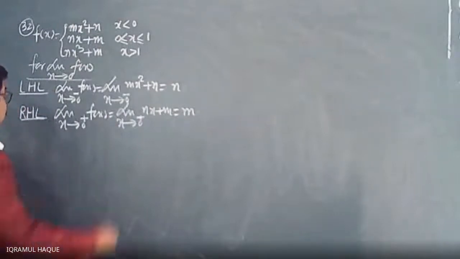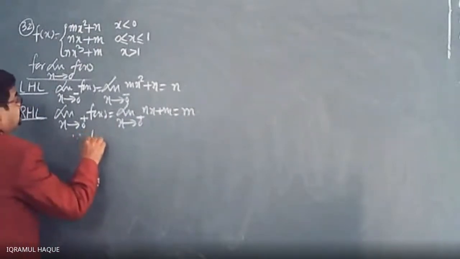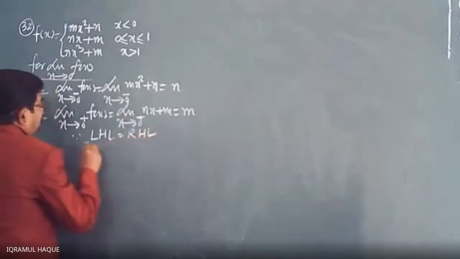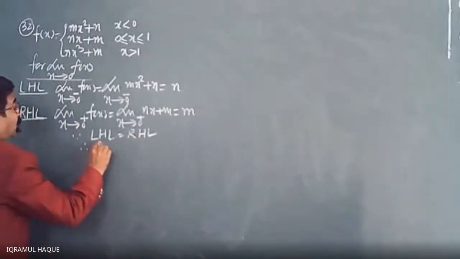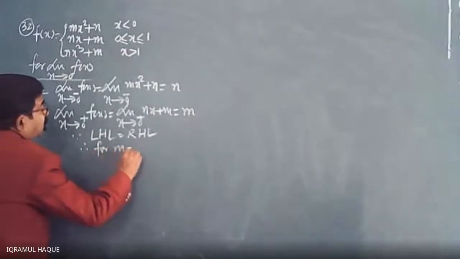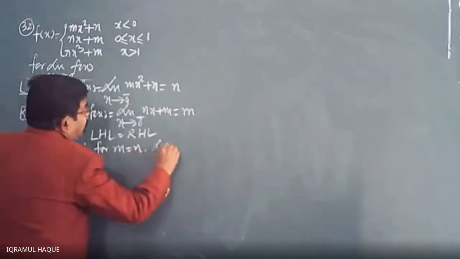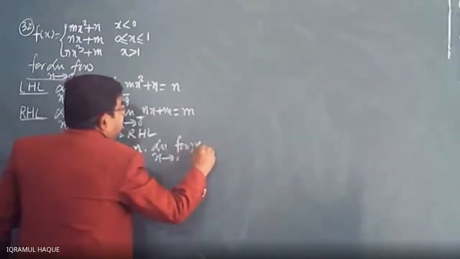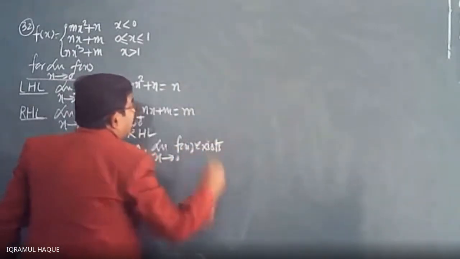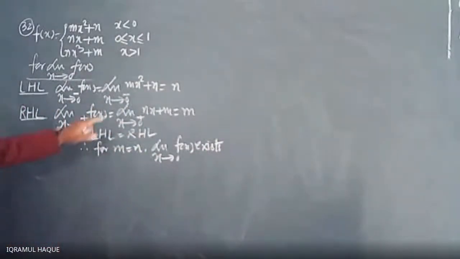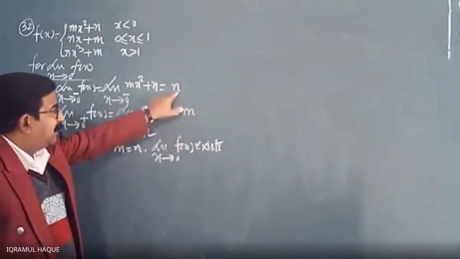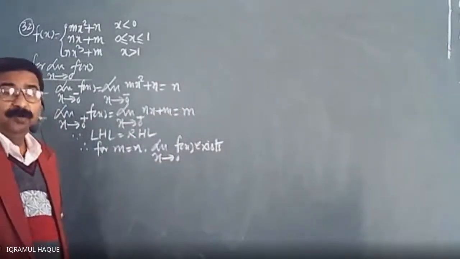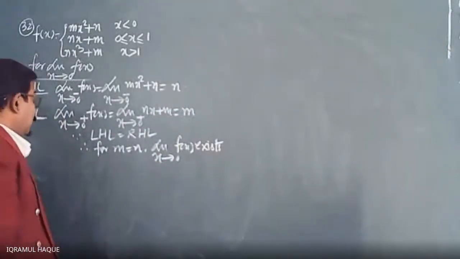So since this limit exists, LHL is equal to RHL, therefore for m is equal to n, limit x tends to 0 of f(x) exists. That means when m and n are equal, then in that case the limit x tends to 0 will exist.